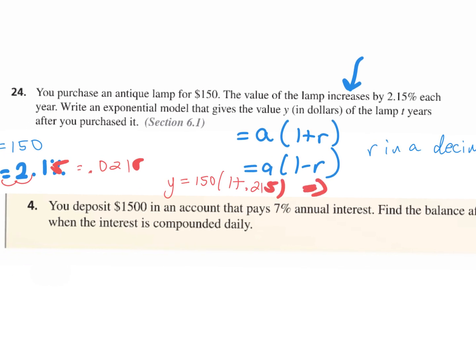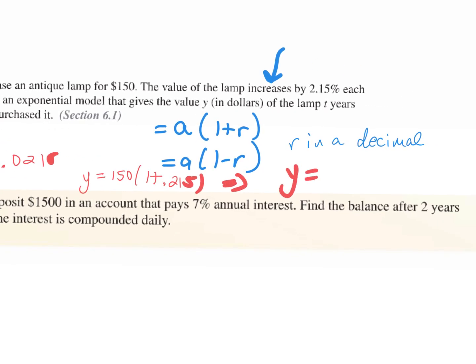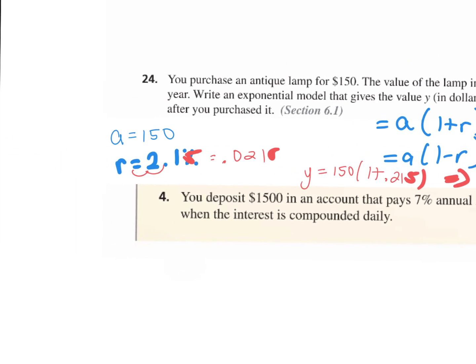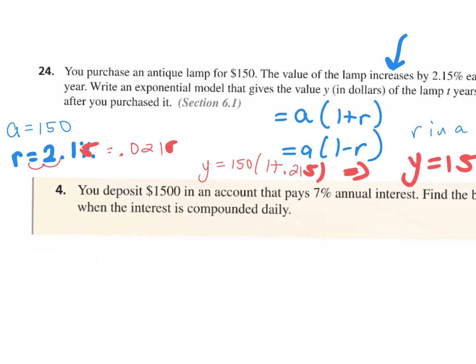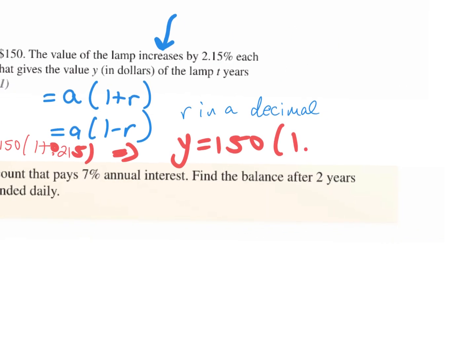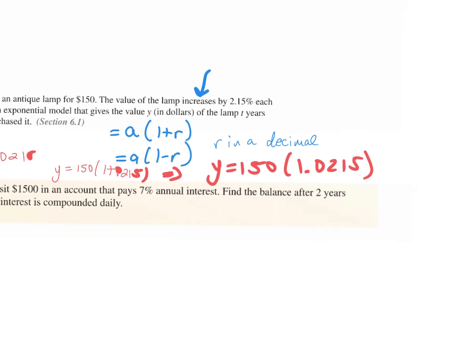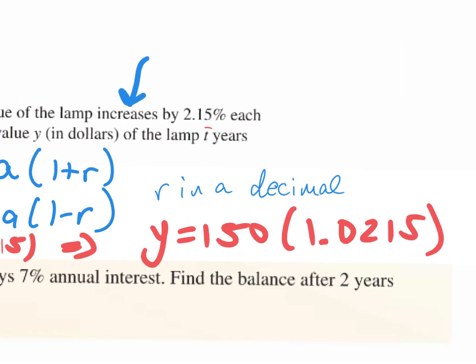And then you could simplify that a little more and say y equals 150 times, what's 1 plus 0.0215? So it's 1.0215, right? And it's raised to what power? To the t. That's it.